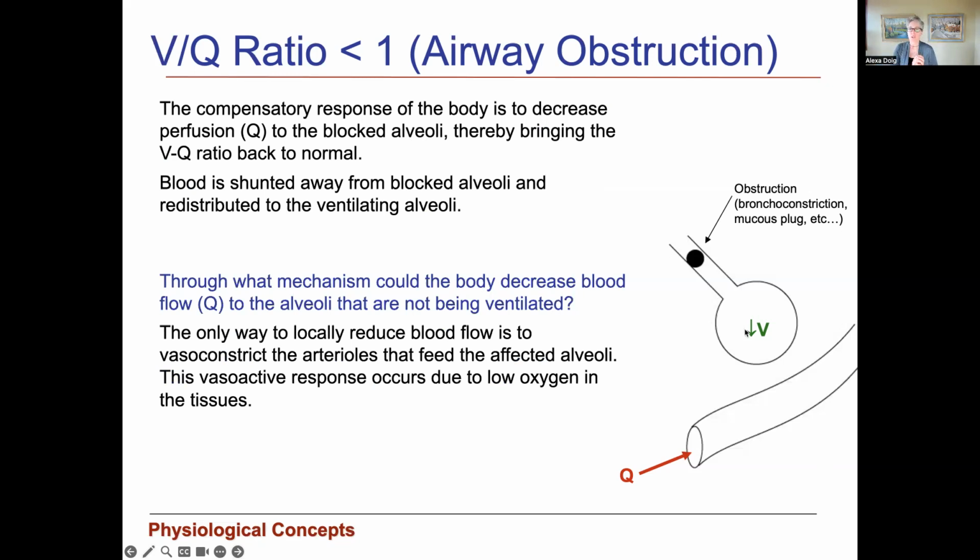And that will vasoconstrict the arterioles that feed these capillaries. It will decrease Q. And that will then bring our VQ ratio back to normal, okay? And this occurs all the time when there is low oxygen in the tissues.